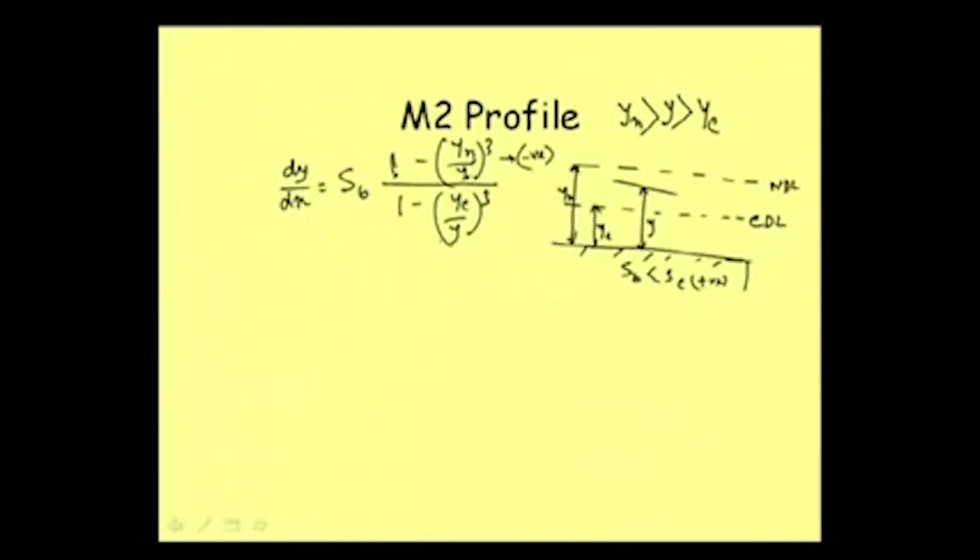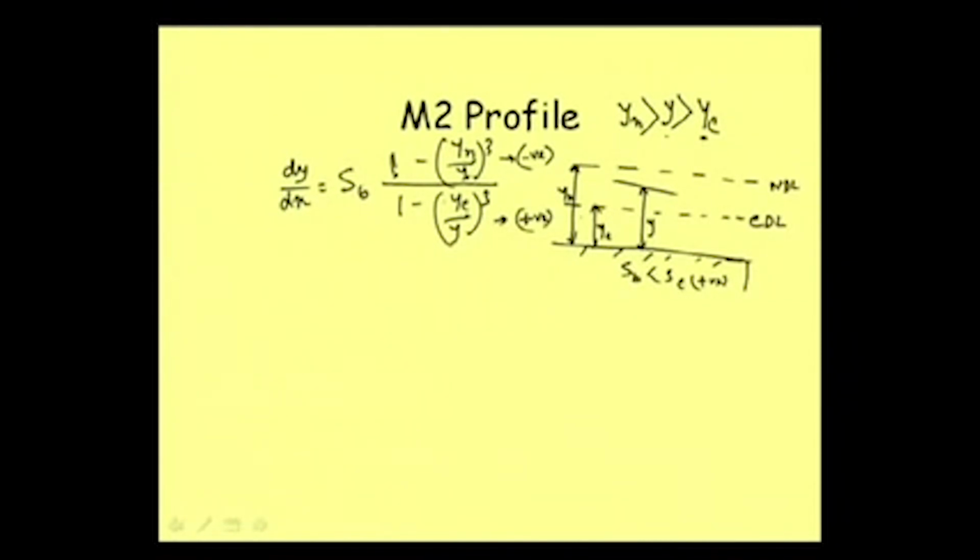And what about the denominator? You can see that Yc is less than y. So this ratio becomes a fraction, and the cube of that fraction will always be smaller than 1. So 1 minus something smaller than 1 will lead to a positive value.